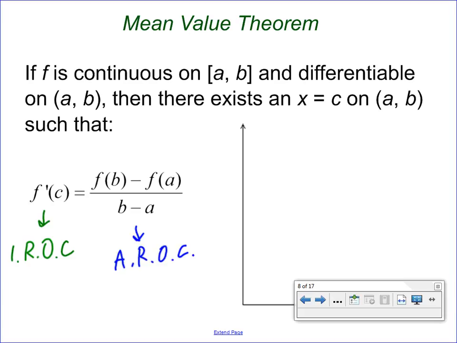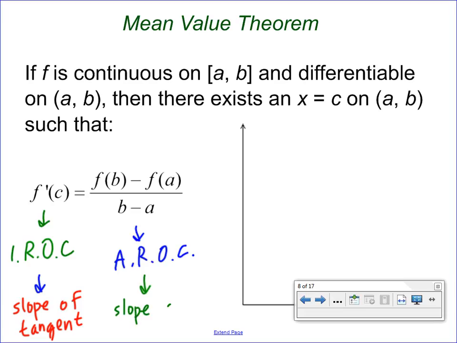Graphically, my instantaneous rate of change of a function f at x equals c would be the slope of the tangent line to the curve at x equals c, as opposed to the average rate of change. Graphically, that would refer to the slope of the secant line connecting the endpoints of my interval a to b.